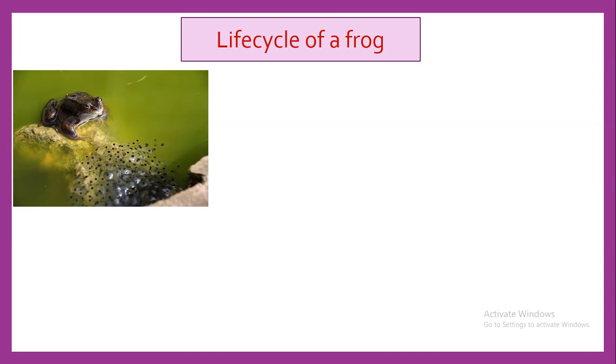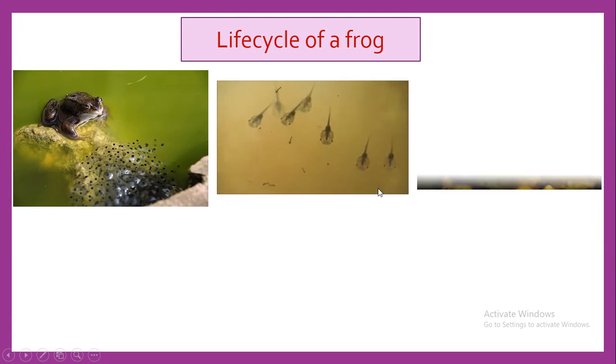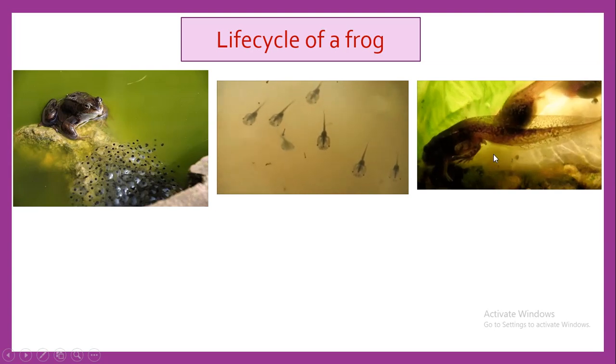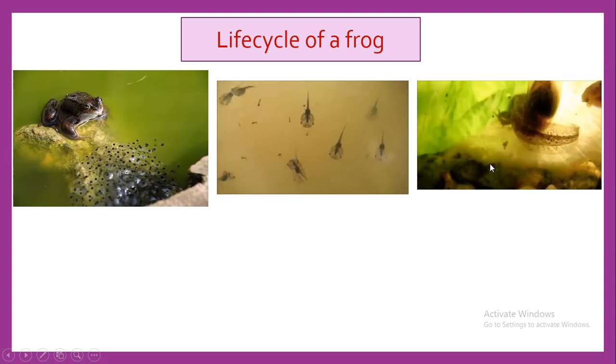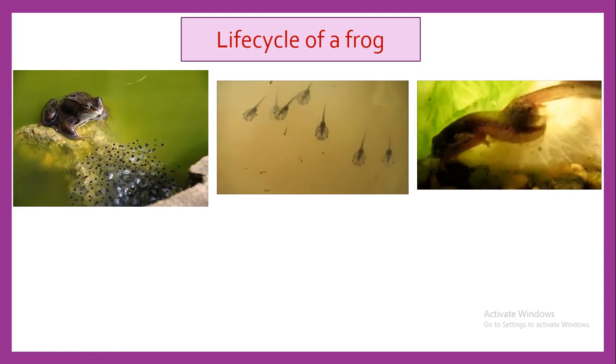It lays its eggs in water. As you can see, these are its eggs. These are tadpoles. They hatch from the eggs. This is a closer picture of a tadpole. They live in water. They have gills and tails, as you can see.